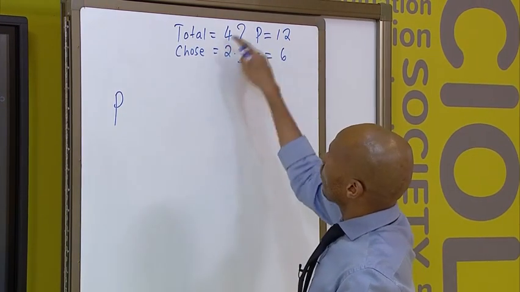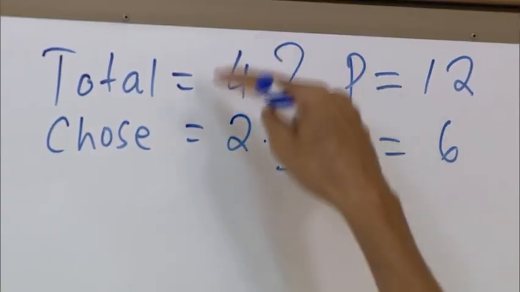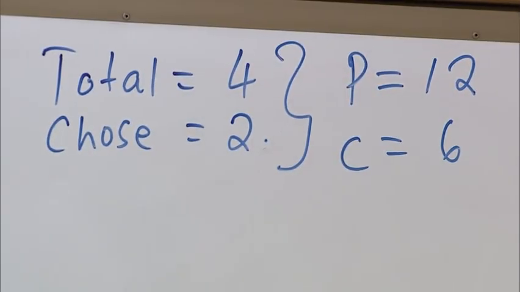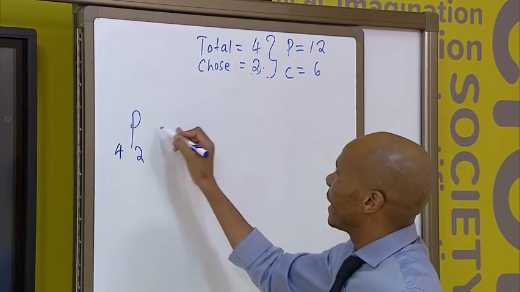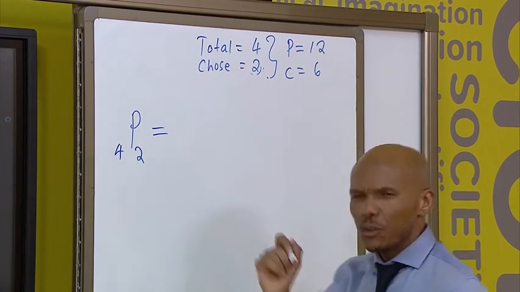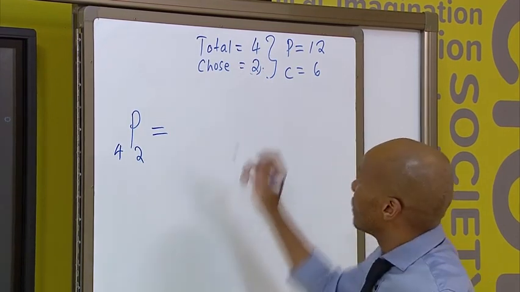So now we're saying out of a total of 4, we chose 2. We can say n pick 2 if that helps you. But then how did we do that?